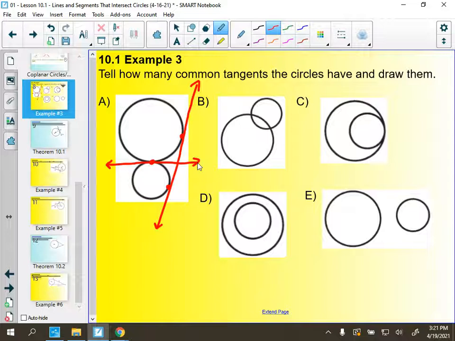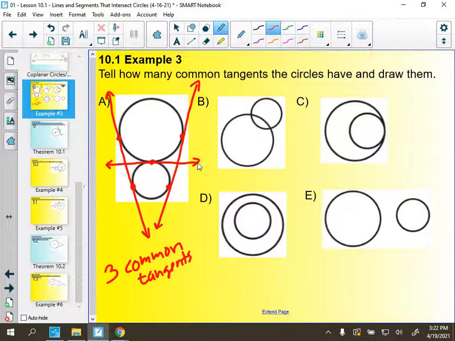And then we can get that same situation on this other side where I'm just grazing here and here. And I think that's it. I don't think we'll be able to get any other line tangent to both circles simultaneously. So this situation would have 3 common tangents. All right.